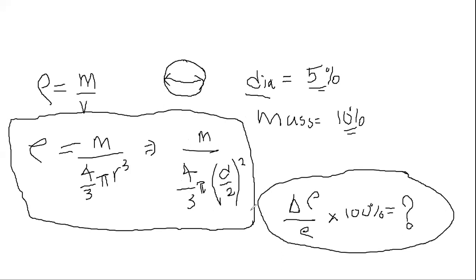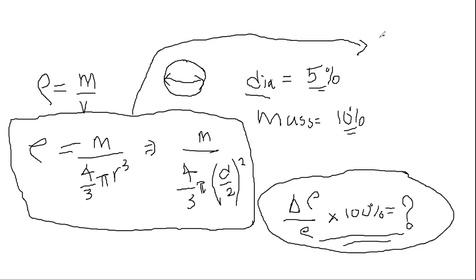Okay. Now give me the answer. What is the value of this? How many percent? Write the uncertainty formula for density. Changes of rho over rho equals to what?